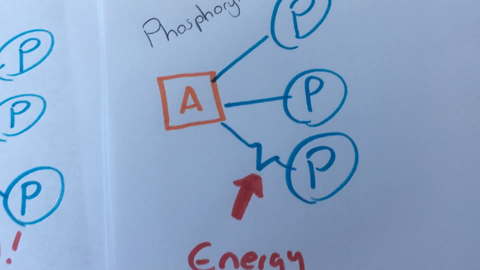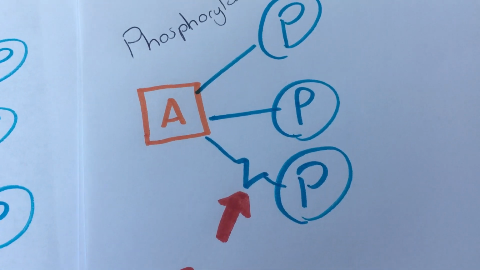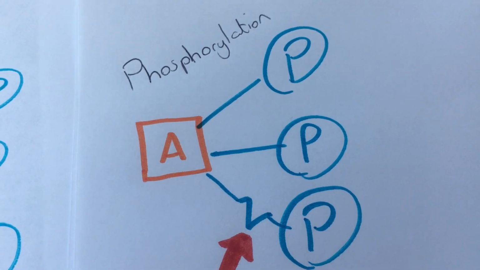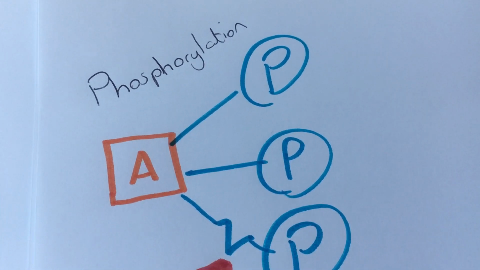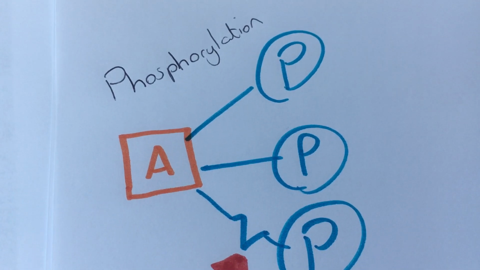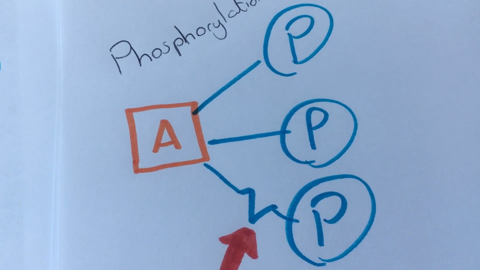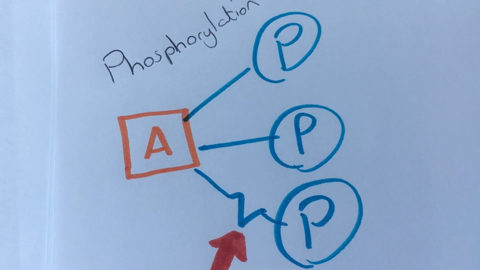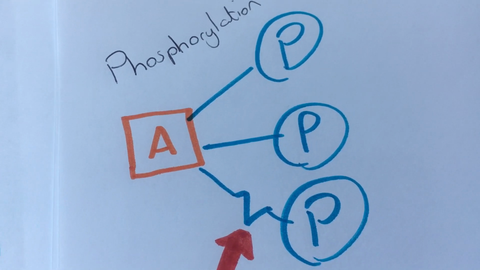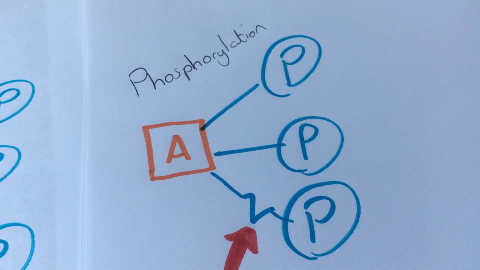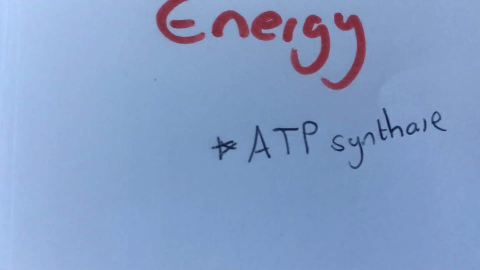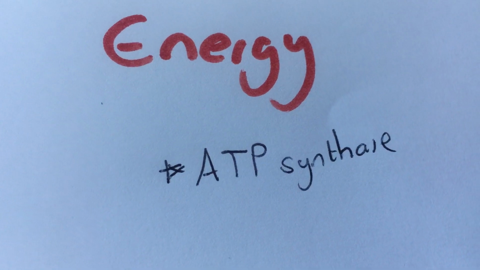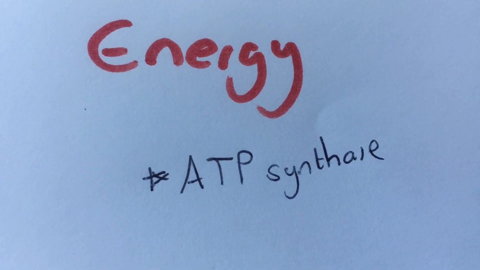Okay, we put energy in, create the bond, reattach the phosphate to the adenosine diphosphate, and now we have adenosine triphosphate again. The energy for that comes from those other fuel sources that we can use: phosphocreatine, carbs, fats, proteins. And again, because this is a chemical reaction, it is catalyzed by an enzyme, in this case ATP synthase. Kind of makes sense, right? Synthesizing ATP.